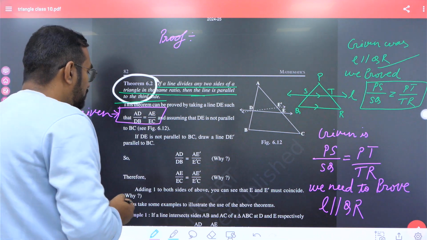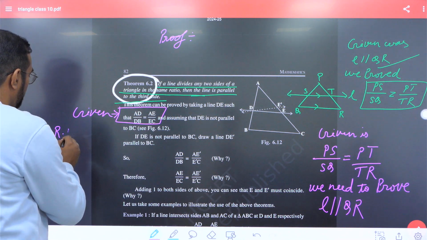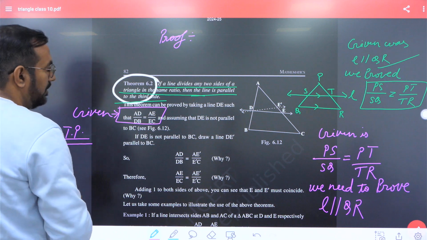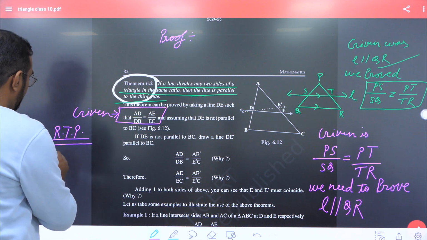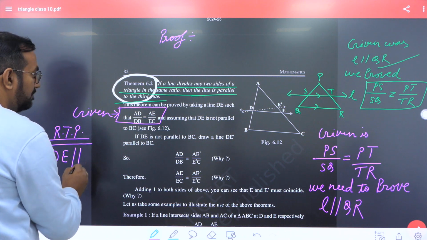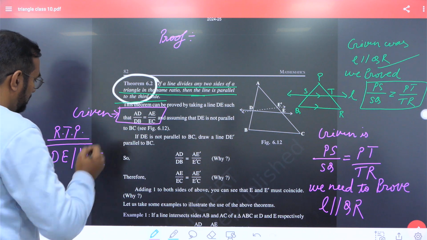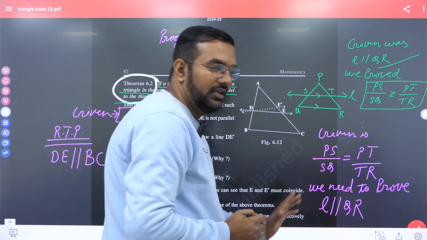And what is required to prove? Required to prove is that DE is parallel to BC. Okay, this line will be parallel to this line.